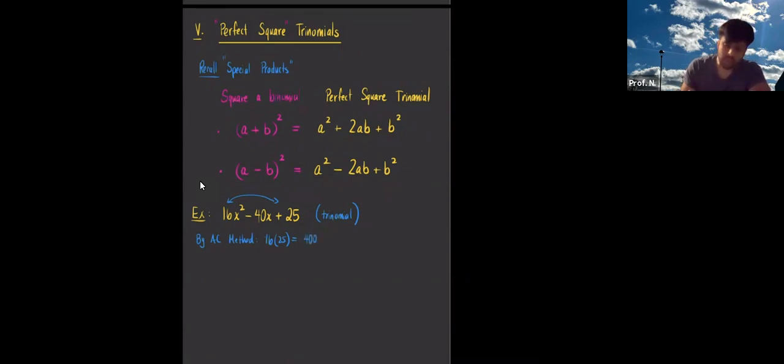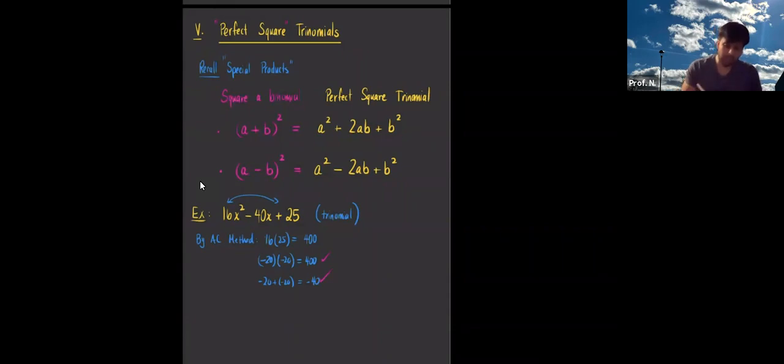And then we want to find two factors that multiply to 400, but when you add them up, give you negative 40. So you should see this is quite simple. If you multiply negative 20 with negative 20, you get positive 400. So that checks out. And then if you do negative 20 plus negative 20, you get negative 40, which is the middle term. And so we figured out those two numbers, negative 20 and negative 20.